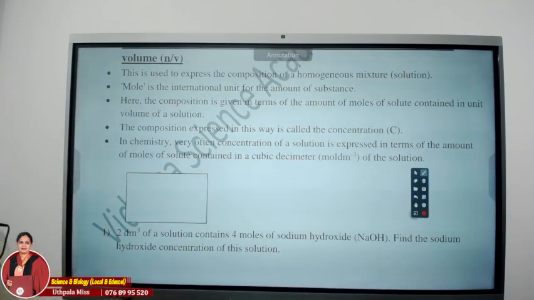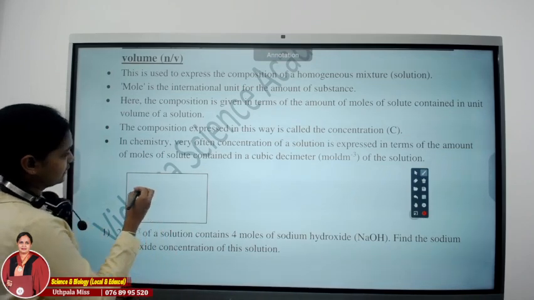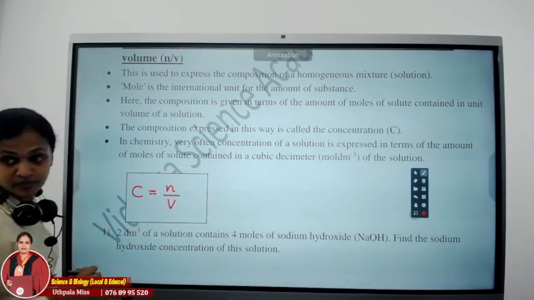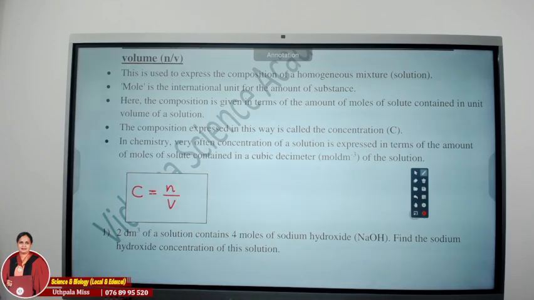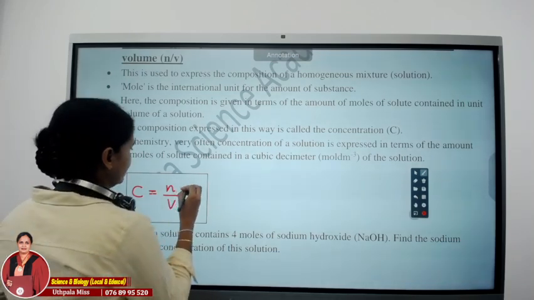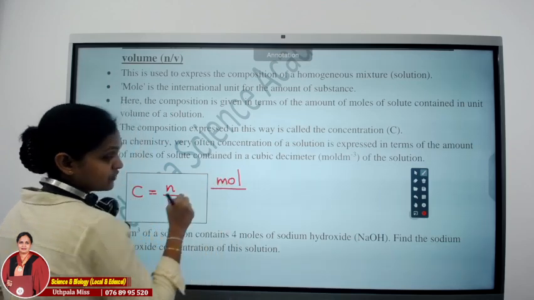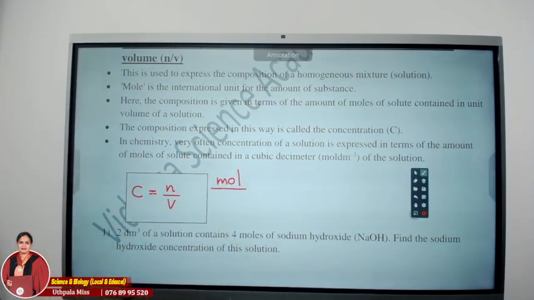In chemistry, very often the concentration of a solution is expressed in terms of the amount of moles of solute contained in a cubic decimeter. Concentration equals number of moles divided by volume, right? The SI unit of the amount of substance is the mole. The SI unit of volume is the cubic meter.